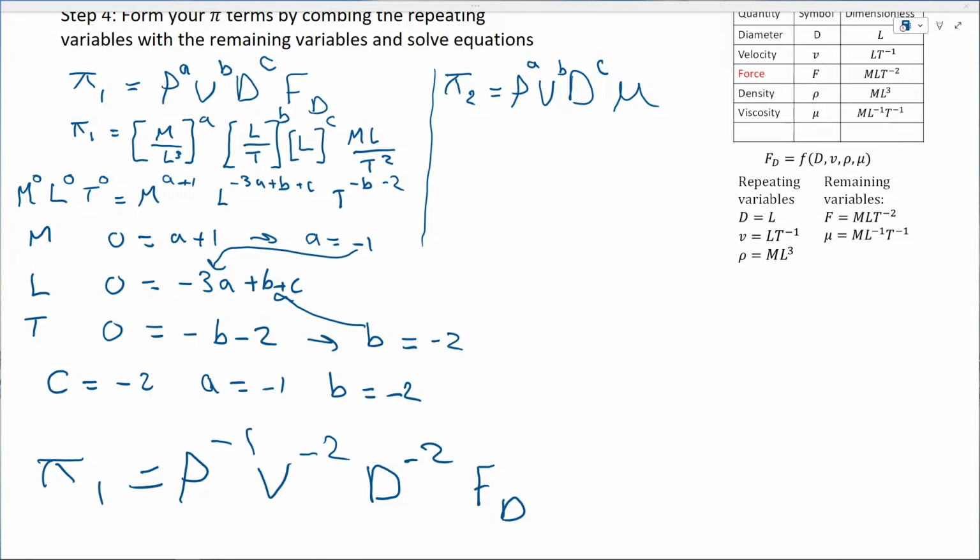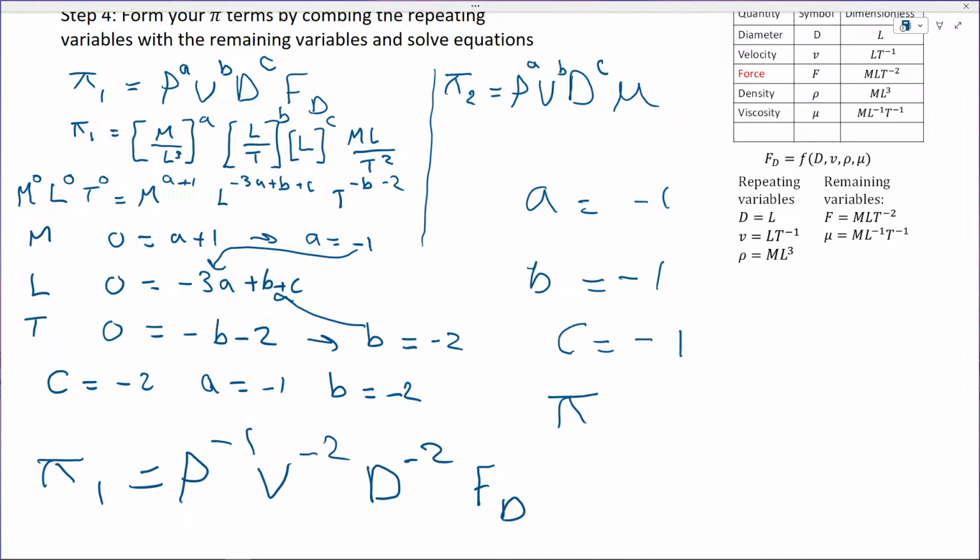So for pi 2, I will do the same. If you did this similar analysis, I got A here equal to minus 1. You can pause the video and try to do it on your own, that's an excellent practice. A is equal to -1, B is equal to -1, and C is equal to -1.